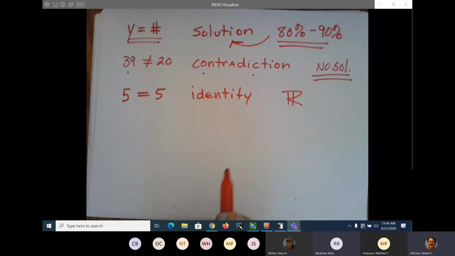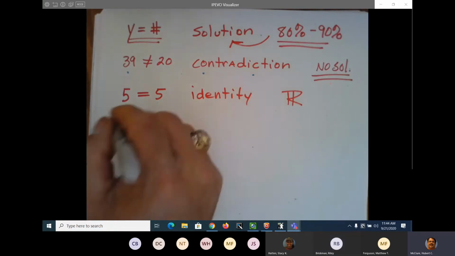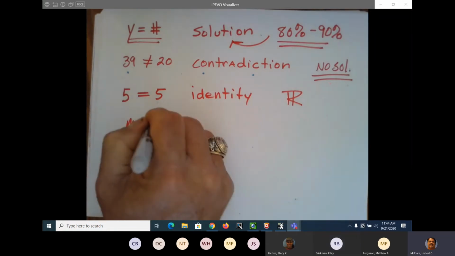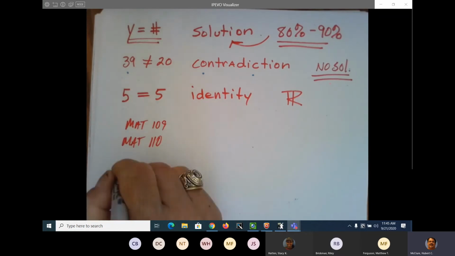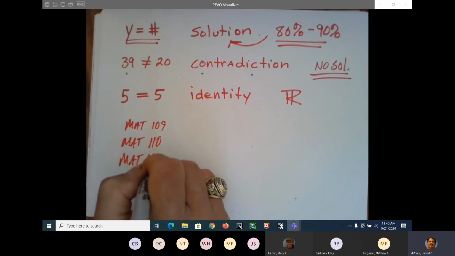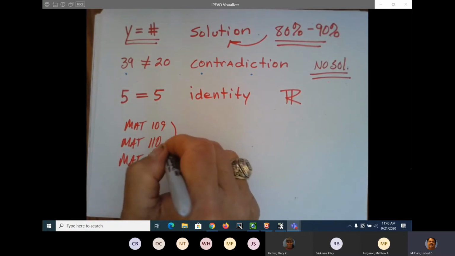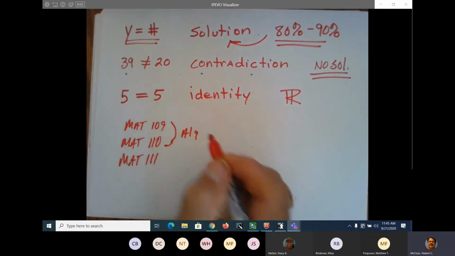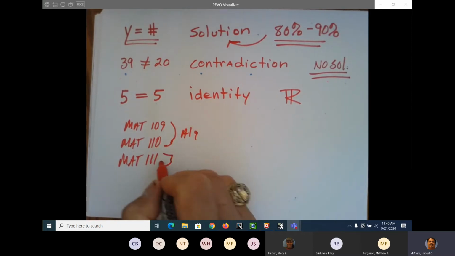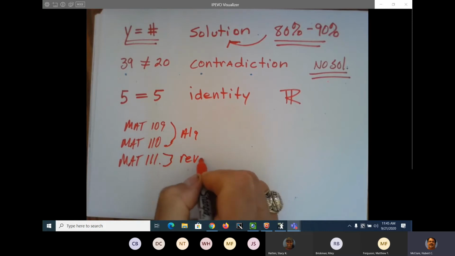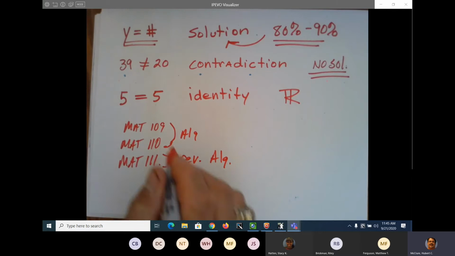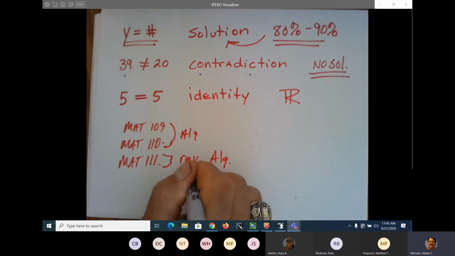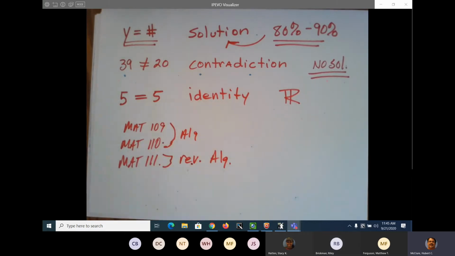Yes. Okay, the reason I asked that is I'm also teaching a Math 109, a Math 110, and a Math 111. These 2 are nothing but algebra, what we're going over right now. These 2, this one has a review in algebra. And I've been doing algebra, at least with these 2, and I did this first couple of weeks. And that's why I couldn't remember if I showed y'all this or not.